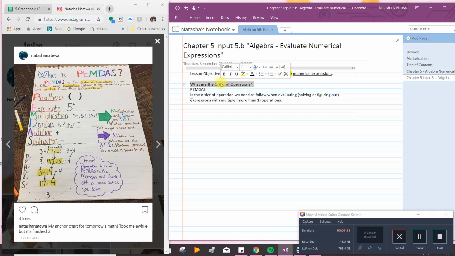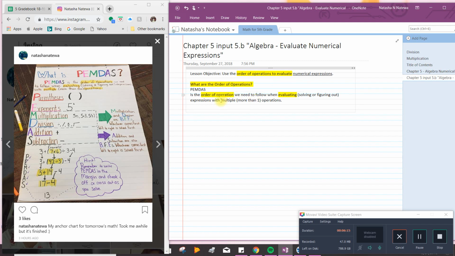I'm going to highlight this. It is PEMDAS. PEMDAS is the order of operations we need to follow when evaluating. Highlight evaluating because evaluating means we're solving or figuring out. I also forgot to highlight order of operations. You already should have done this with the poster, but if not, you can do that now.